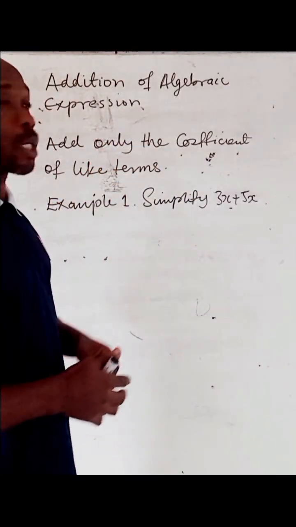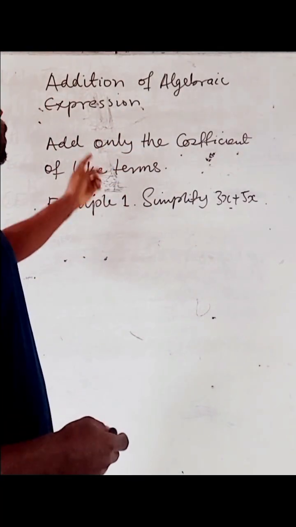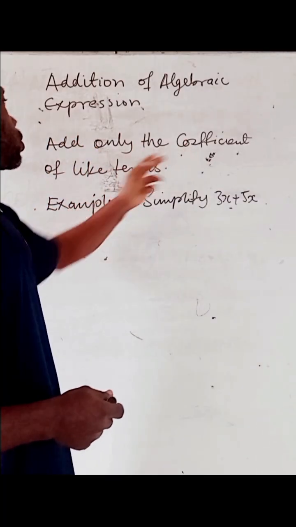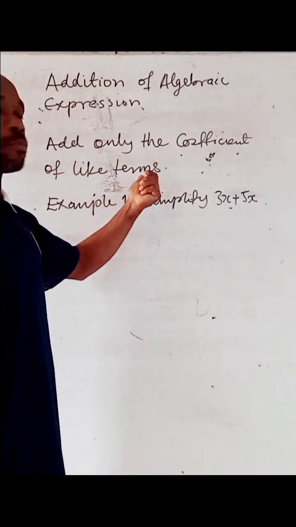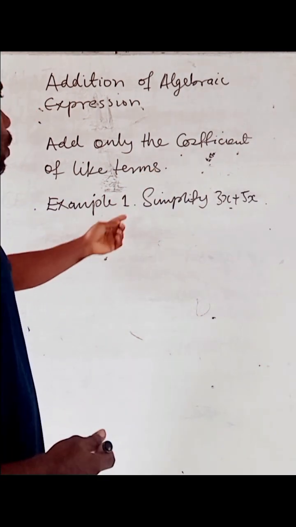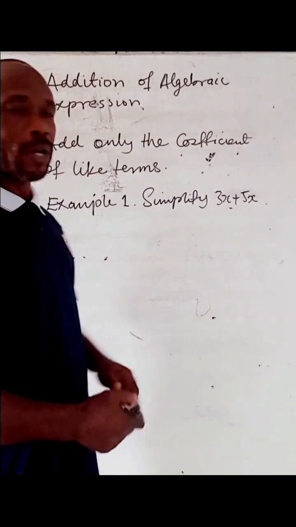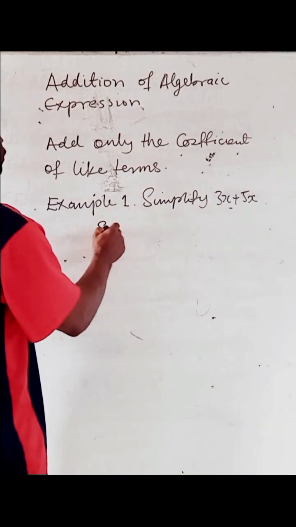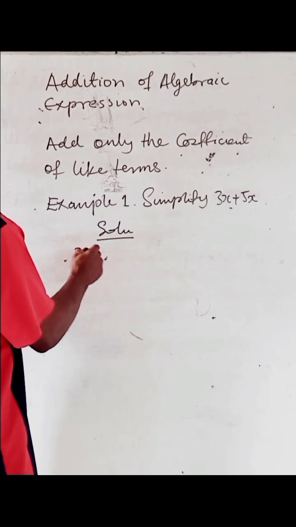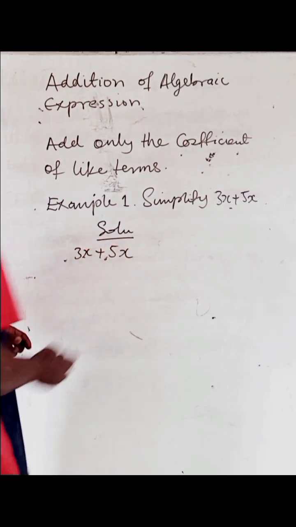Addition of algebraic expressions. Add only the coefficients of like terms. Let's look at an example. Simplify 3x plus 5x. Solution: 3x plus 5x.